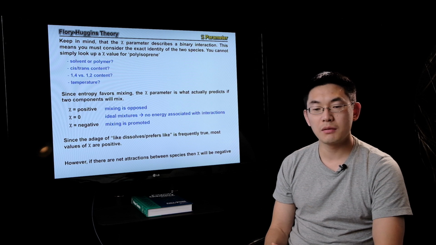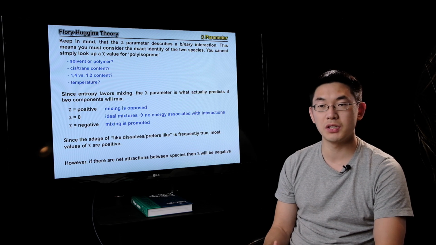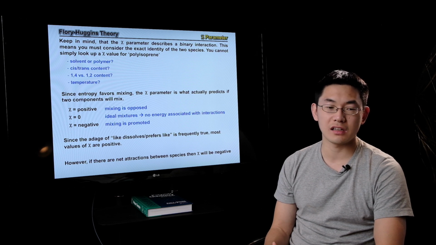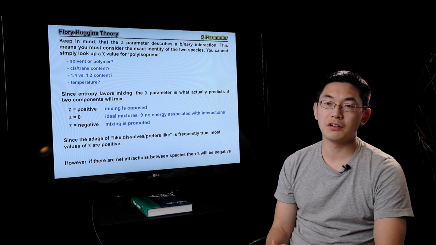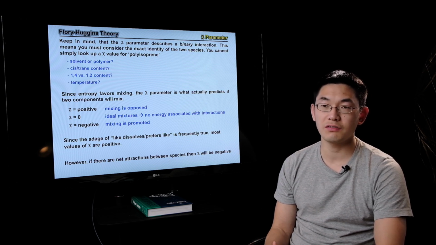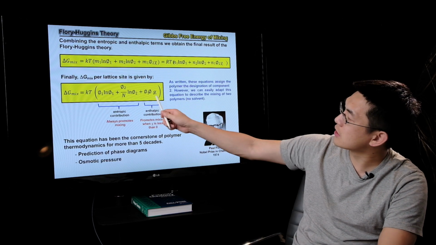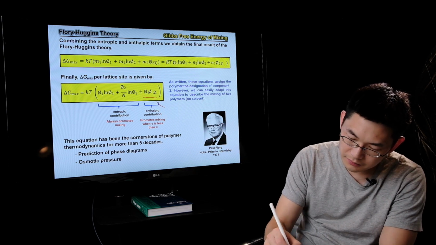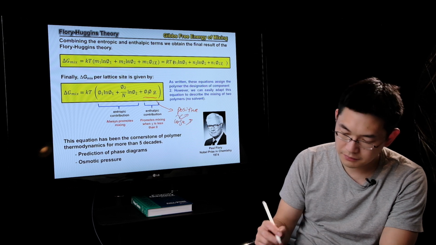For the polymer community, the Flory-Huggins parameter you can explain as the degree of hatefulness between two species. So when the chi value is high, that means there is a high degree of dislike between these two species. They will tend to favor phase separation. They would not favor mixing. And this is also reflected in the Flory-Huggins theory, right? As you can see, when the chi value is high, this will be a positive value, and it will be a large positive if chi goes up.